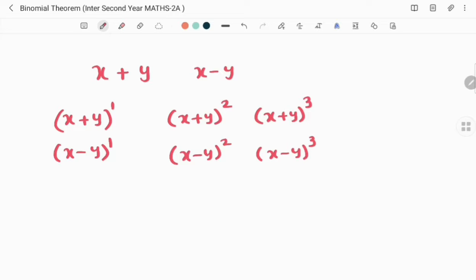Like this we are expanding. So these are the binomial expansions.